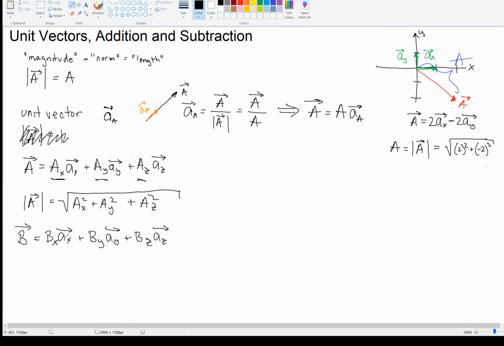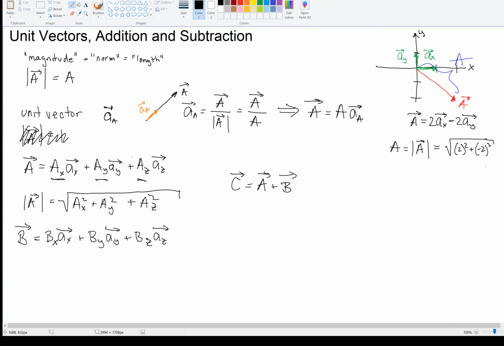Remember, we're always going to say that lowercase a represents a unit vector in that direction. So this is still a unit vector in the x direction, a unit vector in the y direction, and a unit vector in the z direction. So those little a's, those don't change. Those are always going to be pointing that way in the x direction, pointing that way in the y direction, and pointing that way in the z direction. But what does change here is the component, right? Bx, By, Bz.